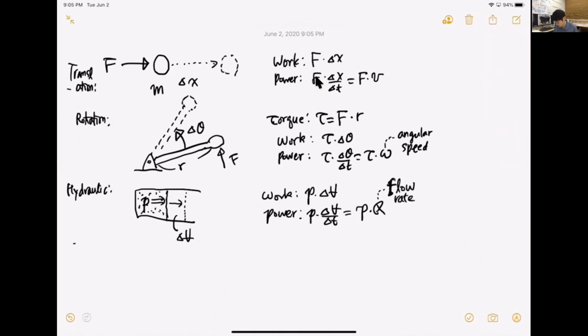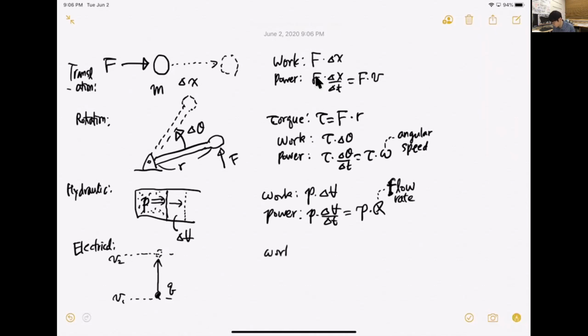And of course, the electric system. Let's say there's a position at potential 1 and a position at potential 2. Let's say the charge, an electrical charge like Q, moves to the other position by this electrical potential difference, or there will be an electric field.